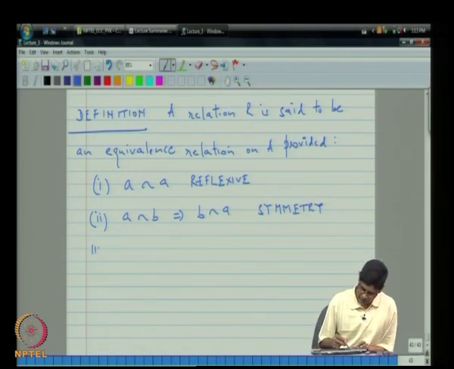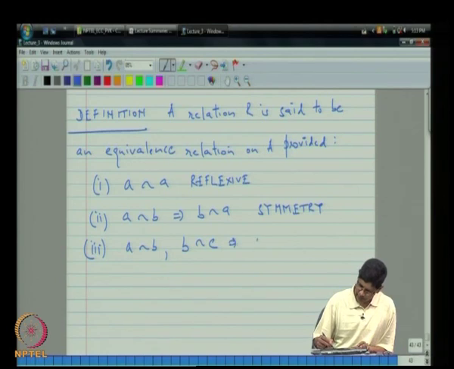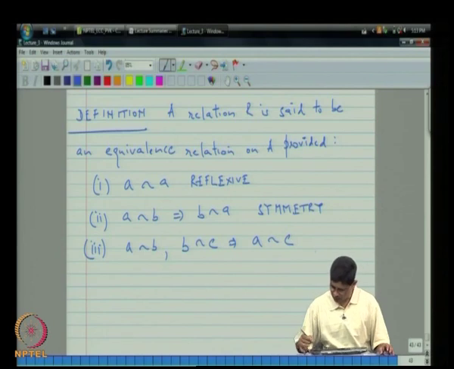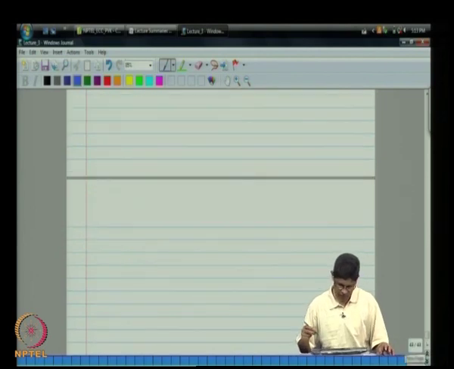The third property is that if A is equivalent to B and B is equivalent to C, this implies that A is equivalent to C, and this is known as the transitive property.